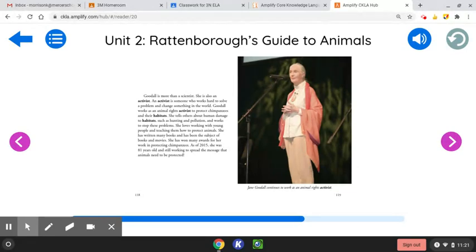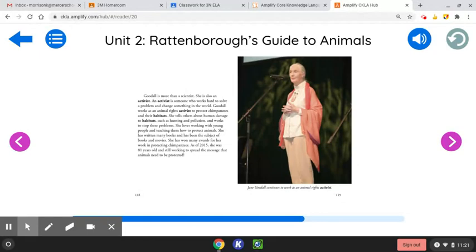Goodall is more than a scientist. She is also an activist. An activist is someone who works hard to solve a problem and change something in the world. Goodall works as an animal rights activist to protect chimpanzees and their habitats. She tells others about human damage to habitats, such as hunting and pollution, and works to stop these problems. She loves working with young people and teaching them how to protect animals.